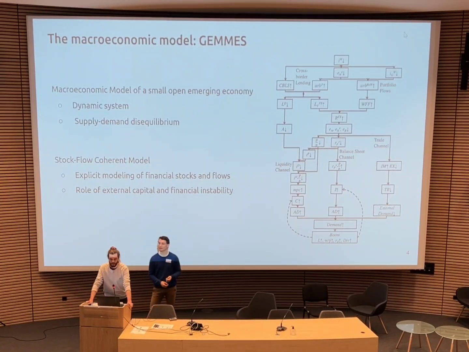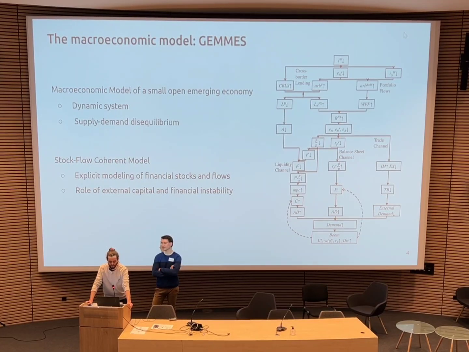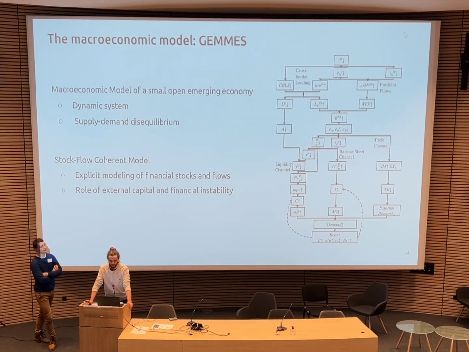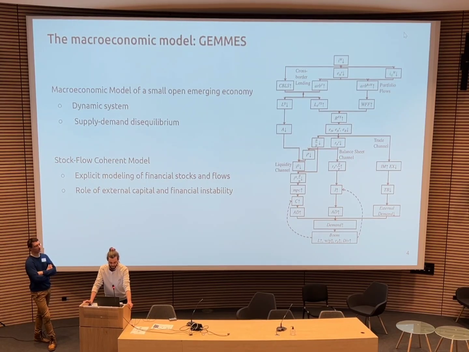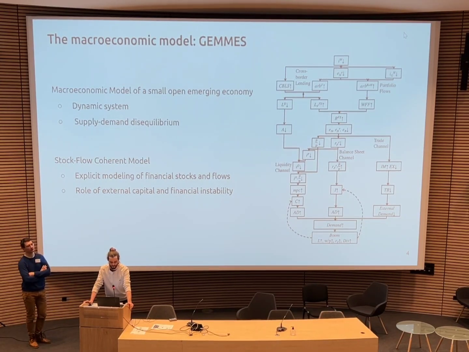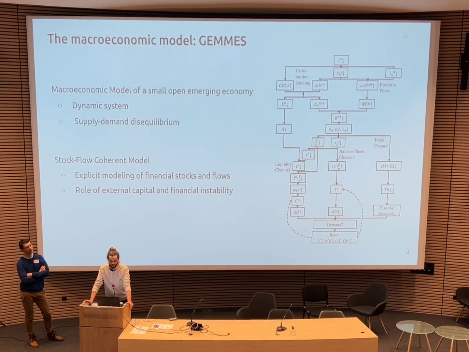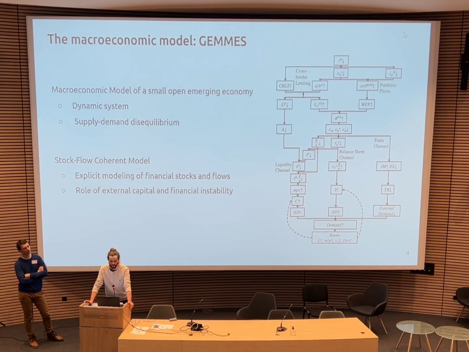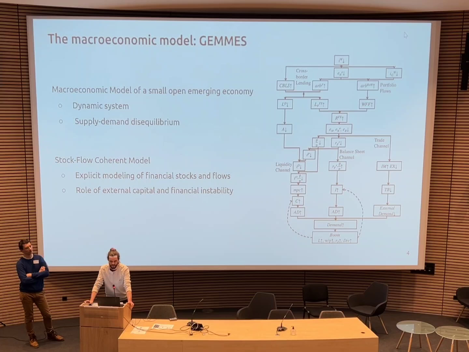And for the macroeconomic model, we use GEM, which is a macroeconomic model representative of a small open emerging economy. It is not a computable general equilibrium model, rather it is a dynamic system characterized by disequilibrium dynamics, where the adjustment between supply and demand occurs through both price and quantity adjustments.